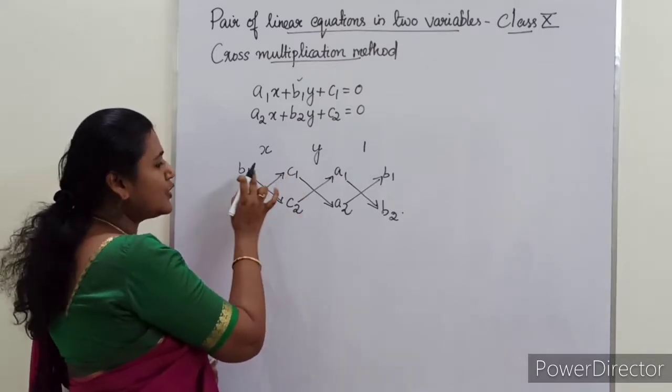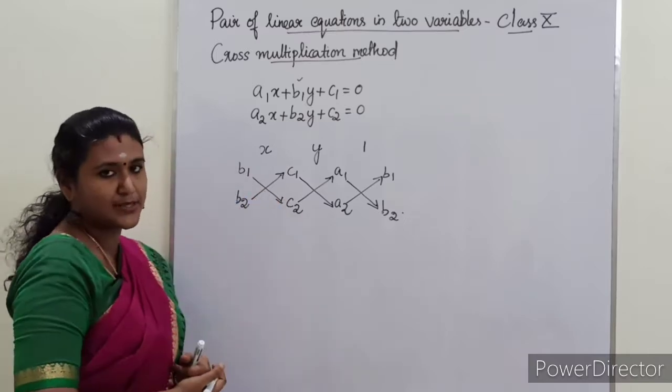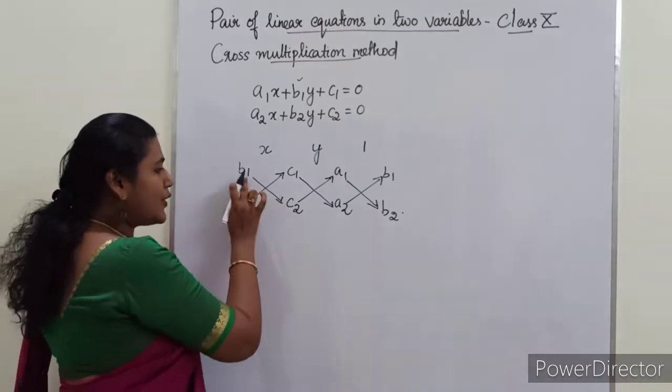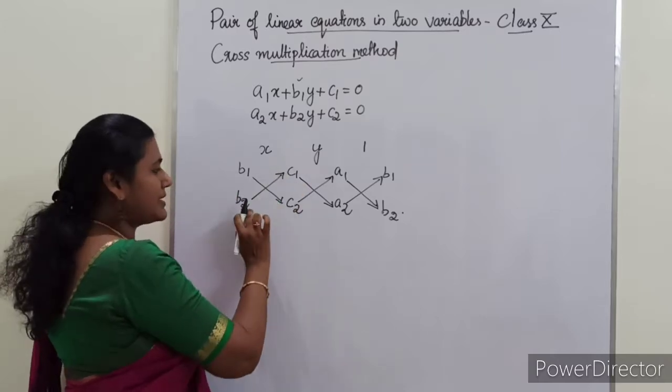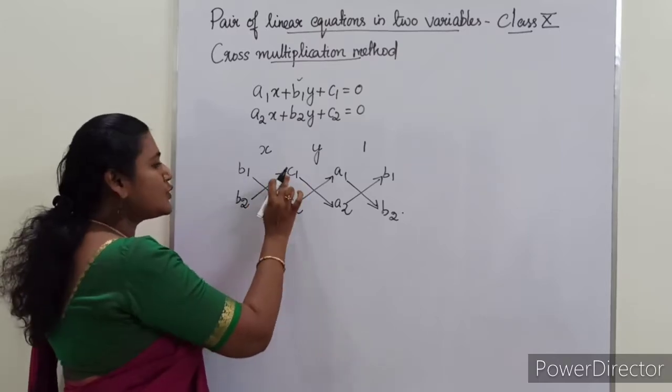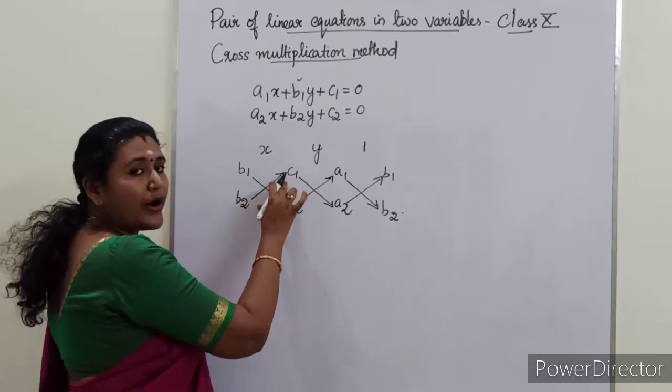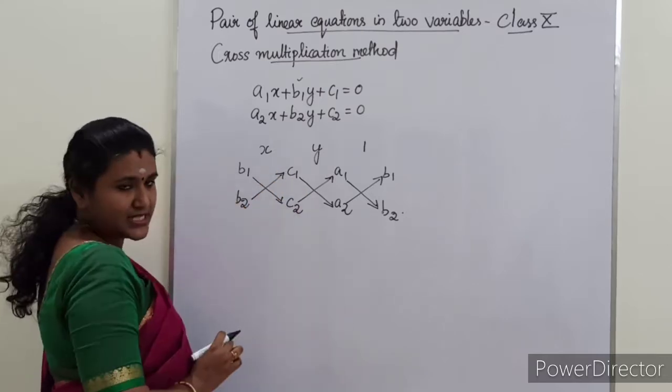This second product you have to subtract from the first product. So the arrows indicate that we have to multiply these two numbers and these two numbers, that is b1 c2 and b2 c1, and the second product you should subtract from the first.